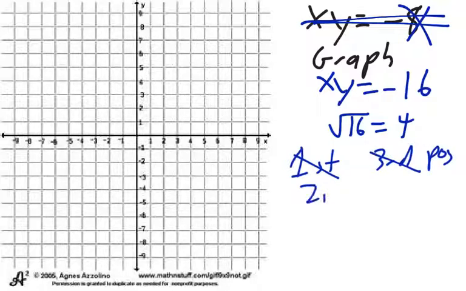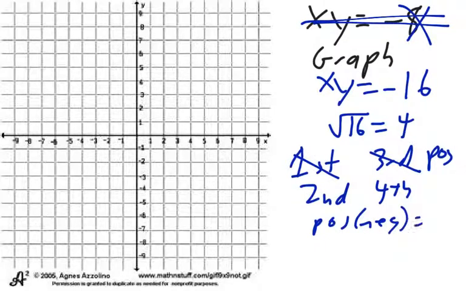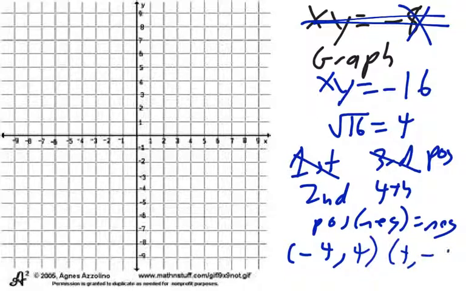I'm going to be in the second and the fourth because a positive times a negative equals a negative. So what points can we have that multiply up? Well, our vertices are going to be at negative 4, 4, and 4, negative 4. So that point right there, and that point right there.